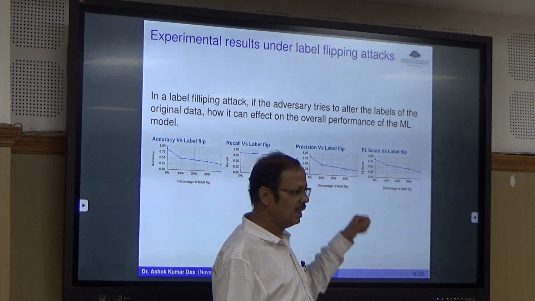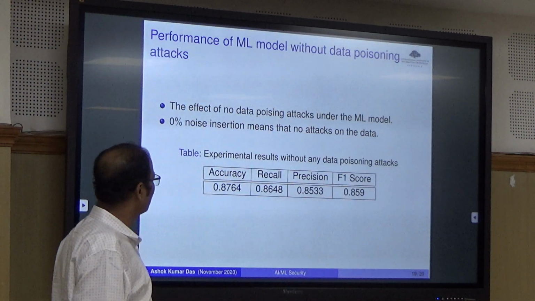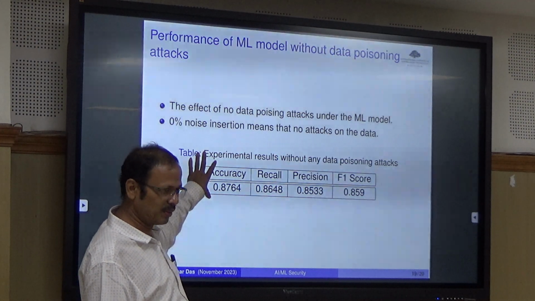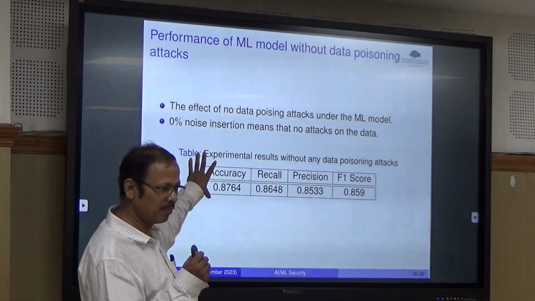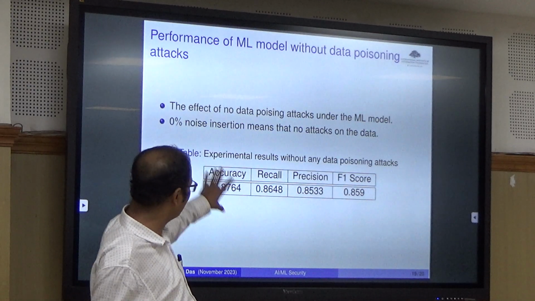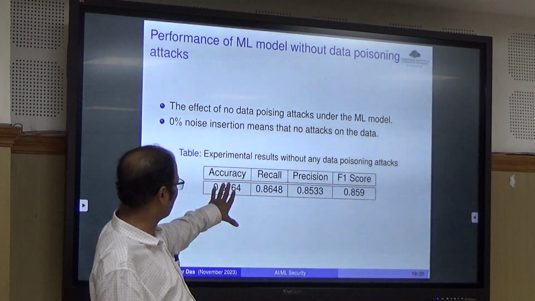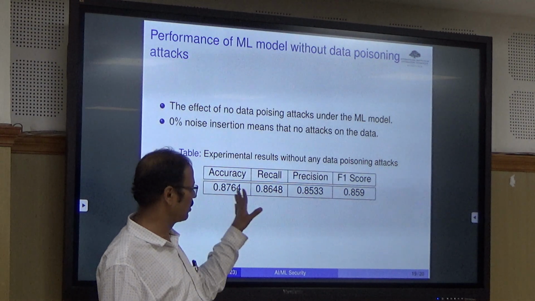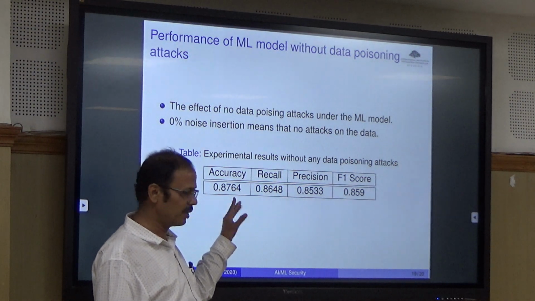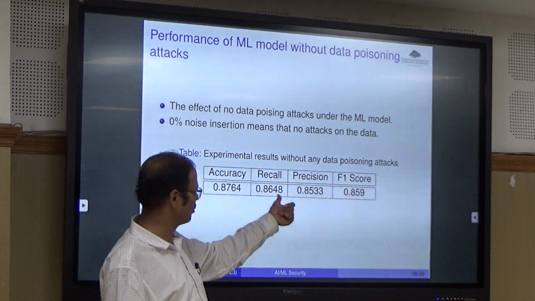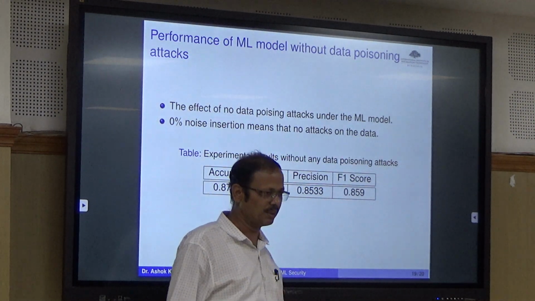So in summary, when the data is not corrupted and is taken directly from the blockchain, the predictions for accuracy, recall, precision, and F-score are very accurate, for example 87%, 86%, 85%, and 86%.